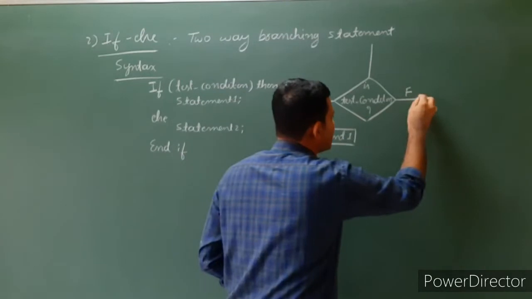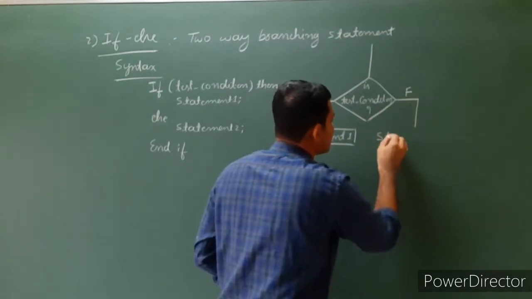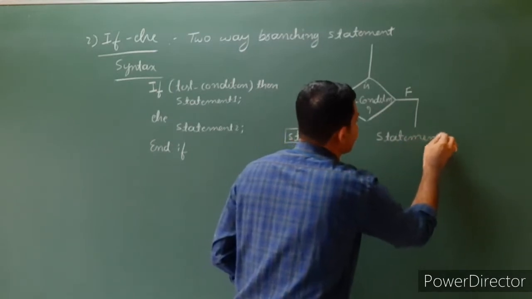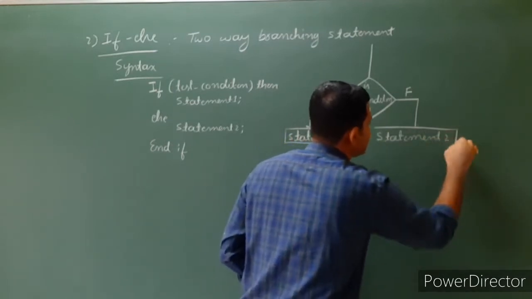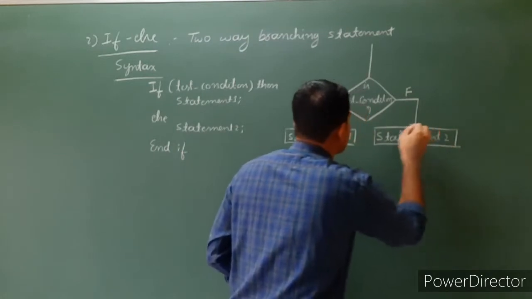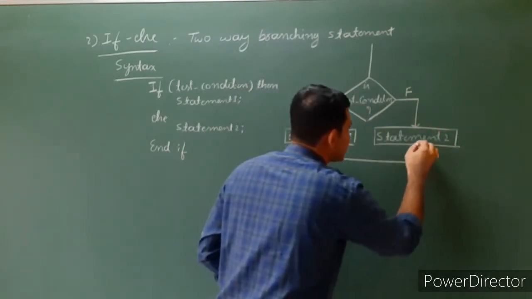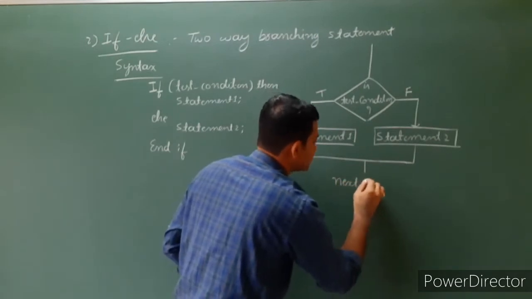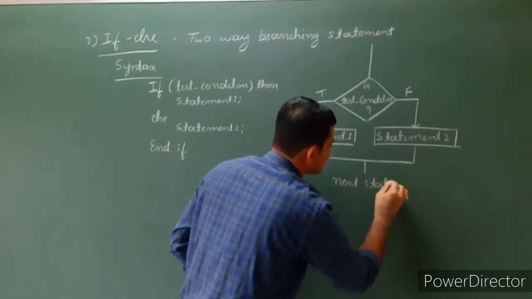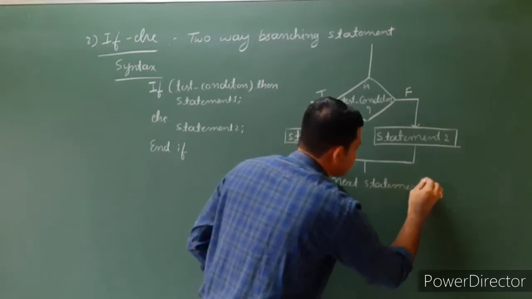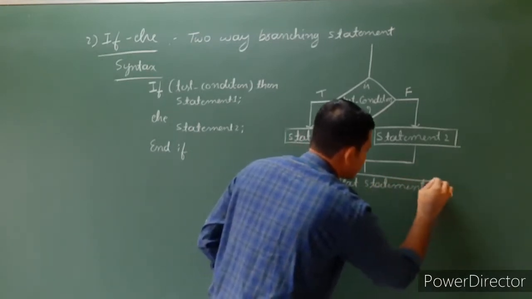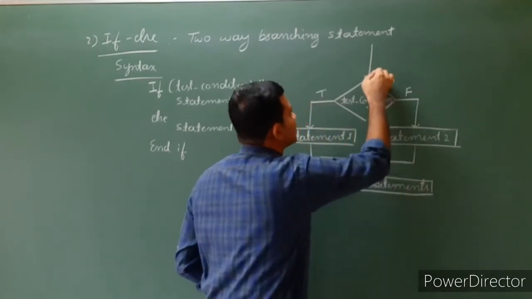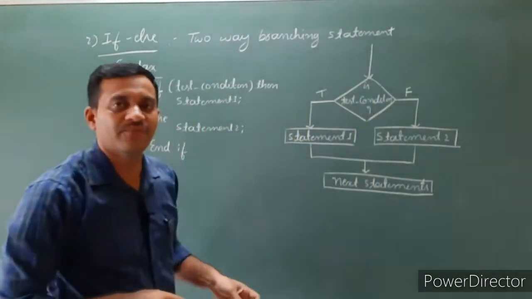If it is false, statement 2 is selected for execution. After that, the rest of the statements are executed.